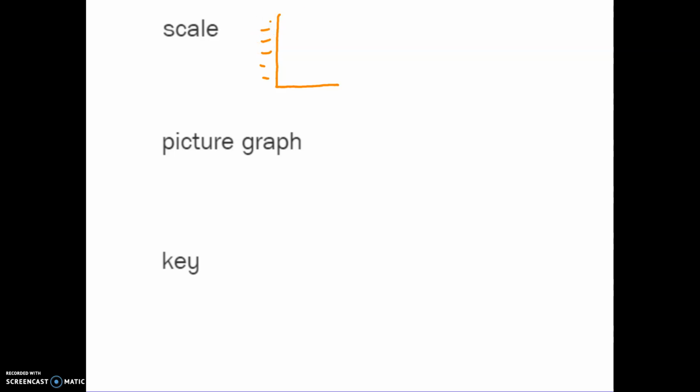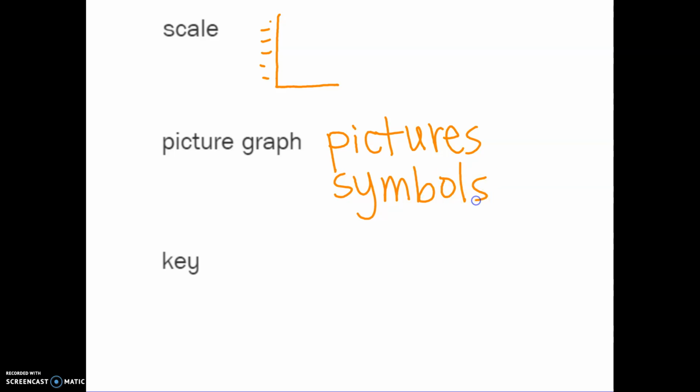A picture graph uses pictures or symbols to represent the data on a picture graph. And the key is the explanation of what the symbols mean or how many objects the symbols mean.